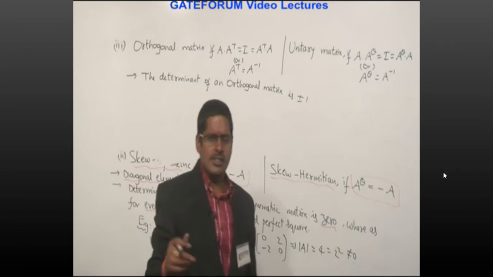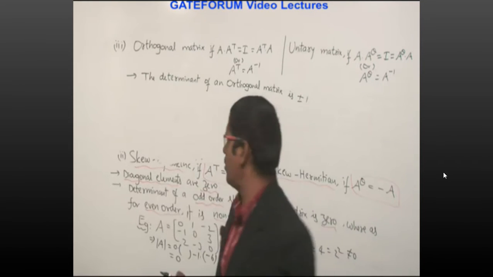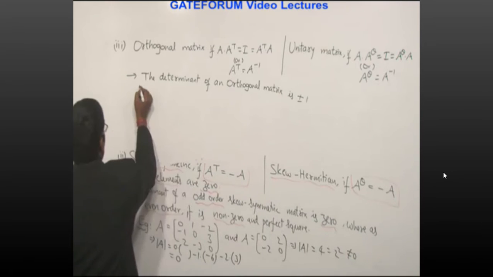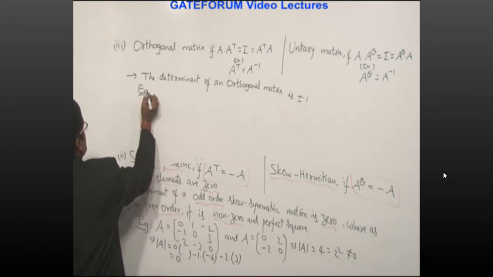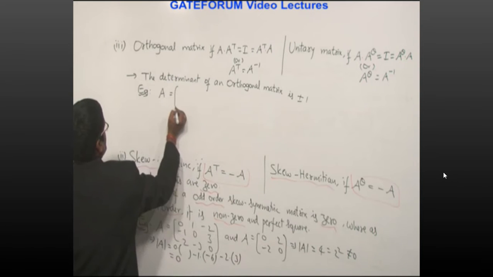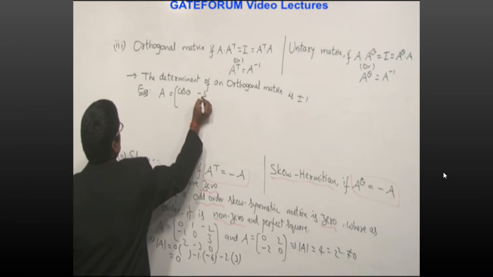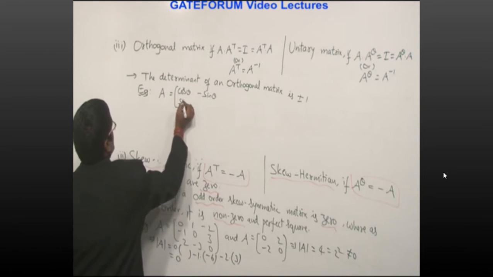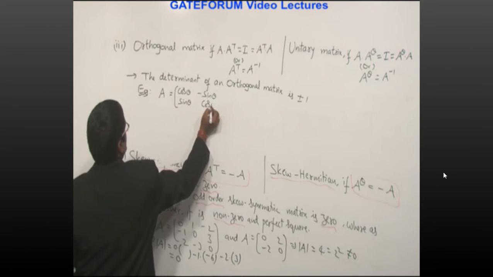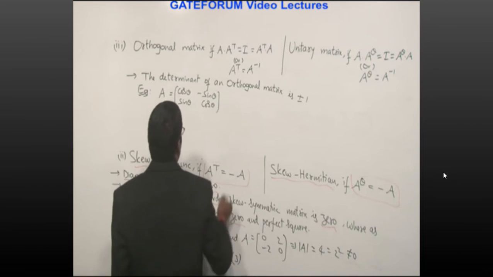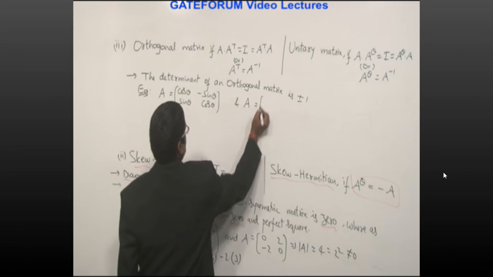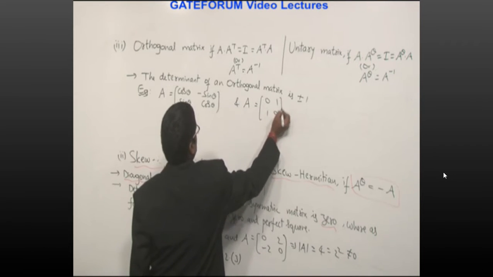For any orthogonal matrix, if you find the determinant, you will get either plus 1 or minus 1. See, example, A is equal to cos theta, minus sin theta, sin theta, cos theta. Okay, and another example, 0, 1, 1, 0.